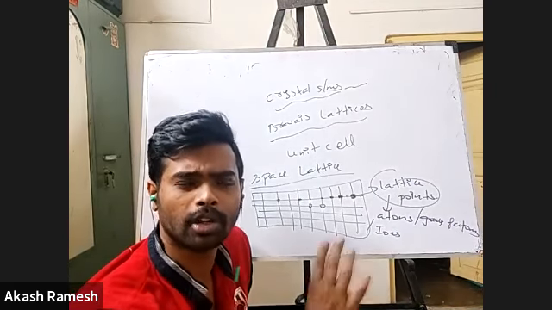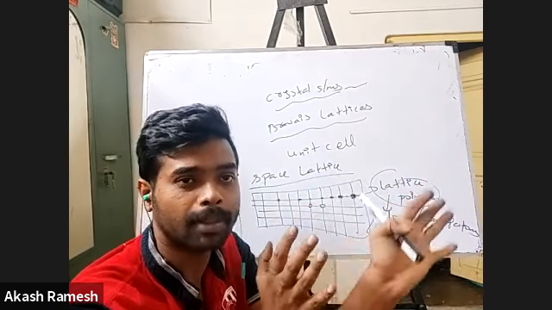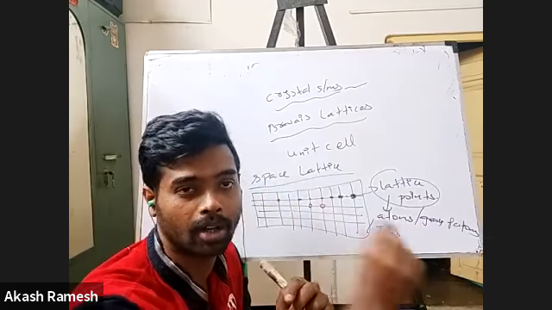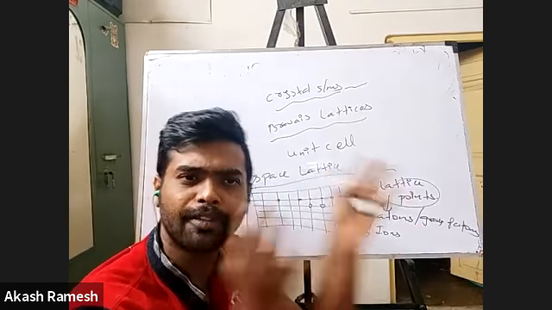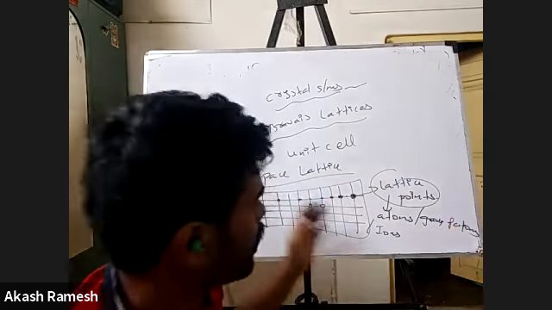Even if they do not fit exactly in these lattice points, we adjust the lattice itself so that the atoms, molecules, or ions exactly fit in these lattice points. I hope you understand.